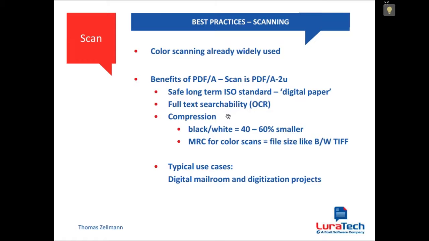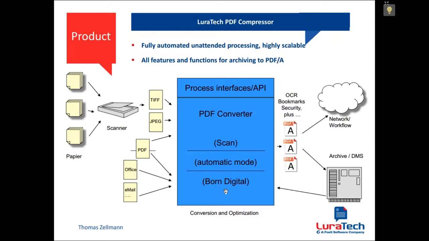So you can also find those documents, and you have seen the compression, so we can do a very high compression here. Even for black and white, they can get 40 to 60% smaller, or if you go for color scans, I showed you the samples, they reach the size you know from black and white. And as I said, the typical applications are the digital mailroom and the digitization projects.